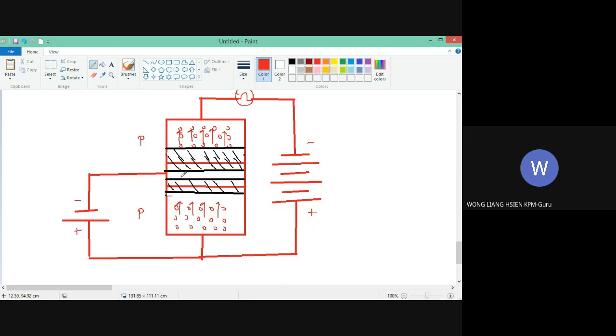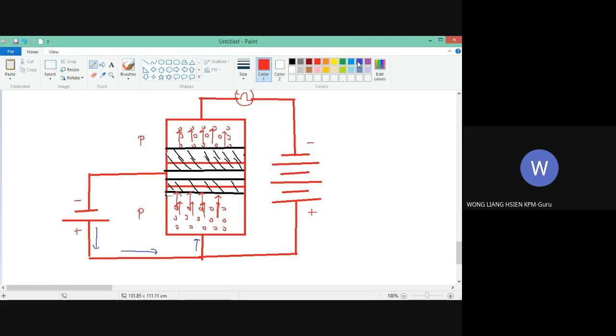This center is the N type one. So it must be forward bias. When forward bias, the positive will be able to repel, to push the positive hole, so the hole can move towards the junction.